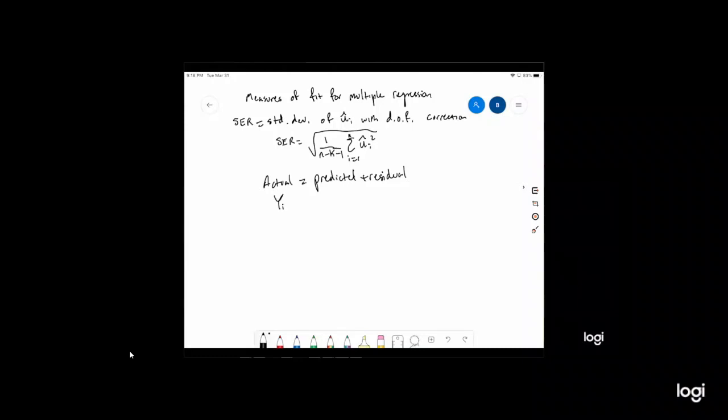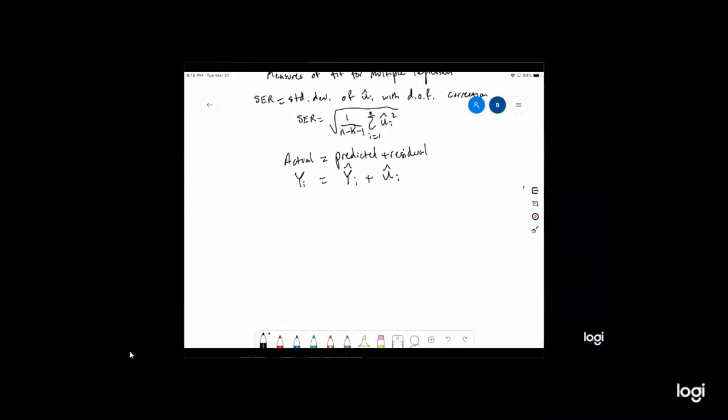The actual is the y i, the predicted is the y hat i, and the residual is the u hat i. So we're taking those residuals, the u hat i's, and we're squaring them, summing them up, and then multiplying by 1 over n minus k minus 1, taking the square root of all of that. So it's the standard deviation of the u hats.